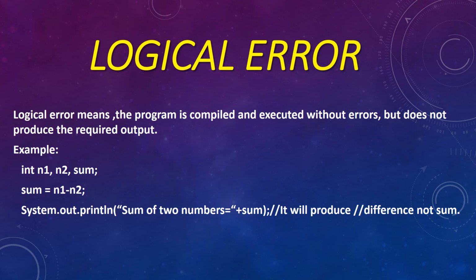Another example is an unknown reference, where a string is not defined but you are using it. These are examples of semantic error. A semantic error occurs when the statements are not meaningful, but mainly there are three types of error: syntax error, logical error and runtime error.